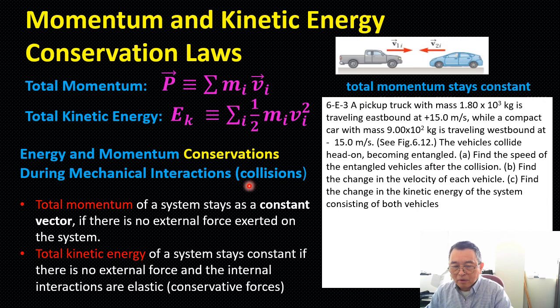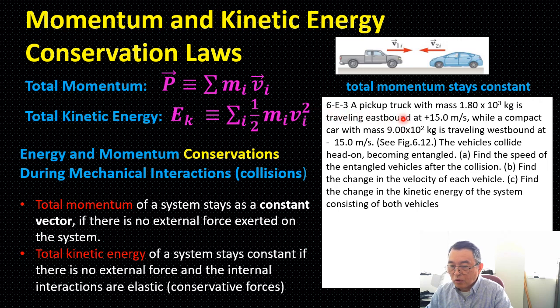So let's look at one of the problems here. Say two cars collide, one with velocity to the right, the other to the left. In particular we are talking about this exercise.